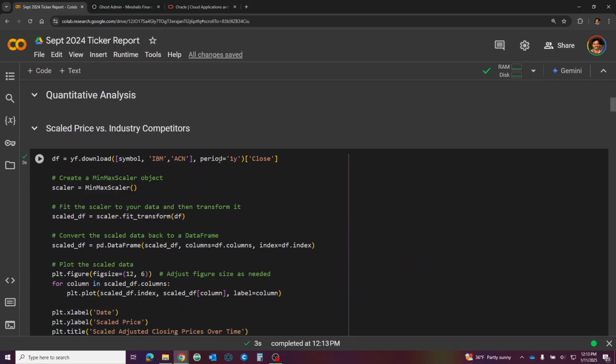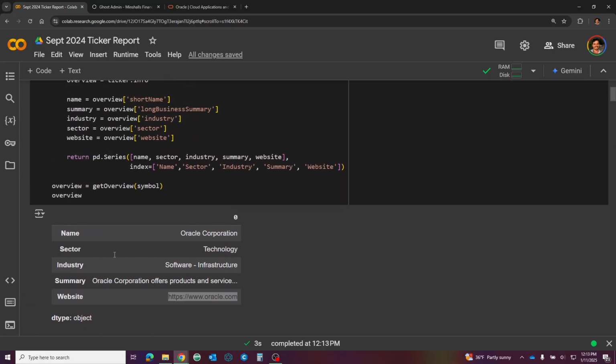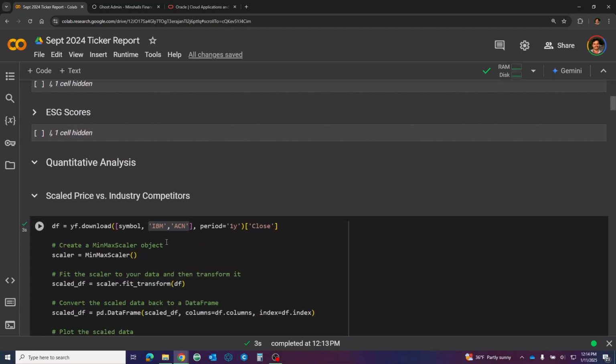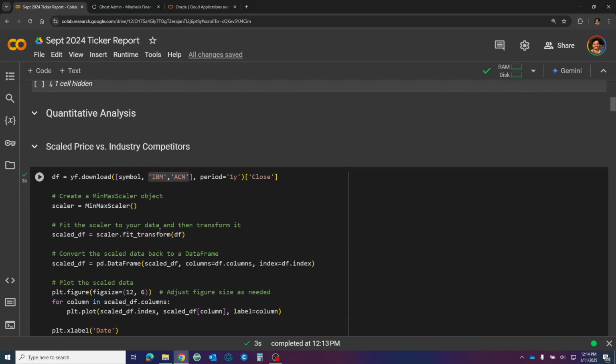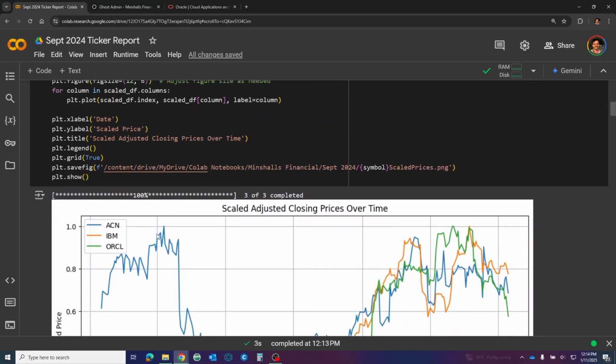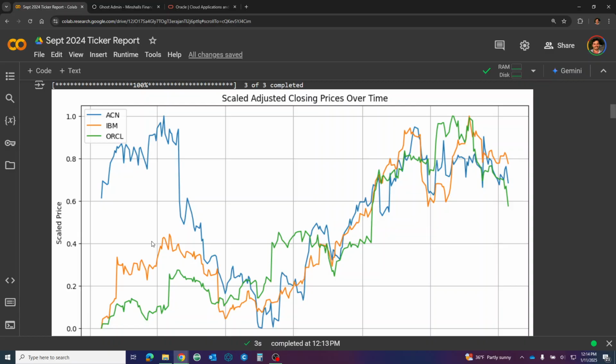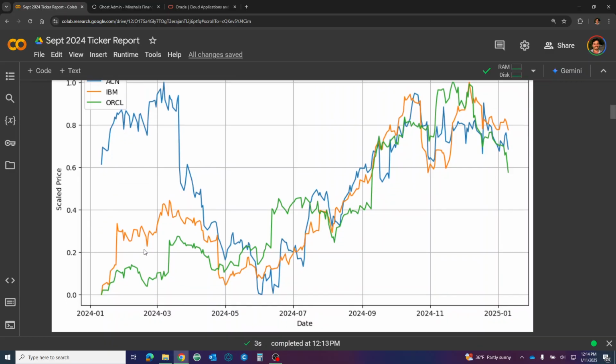Something I can do here is when we go to compare prices, it automatically pulls other tickers within its industry class, because I think as an overview, it should be only pulling things from software infrastructure. So I believe in this case, IBM is a legitimate competitor to Oracle. I think they do provide software infrastructure, at least hardware infrastructure. I'm not sure. So again, we'll have to take this one with a grain of salt, but at least you get the idea.